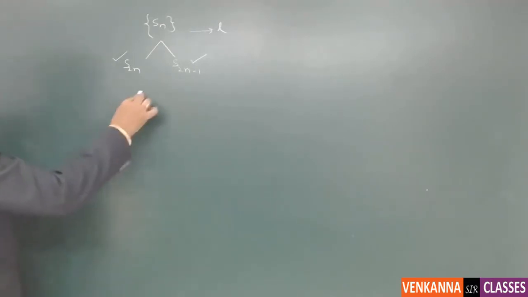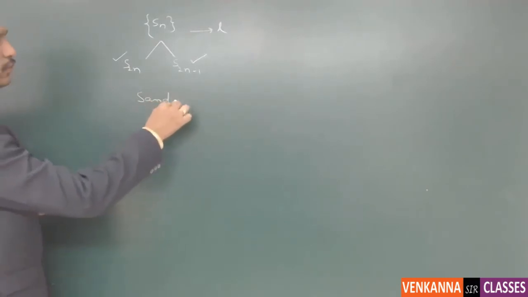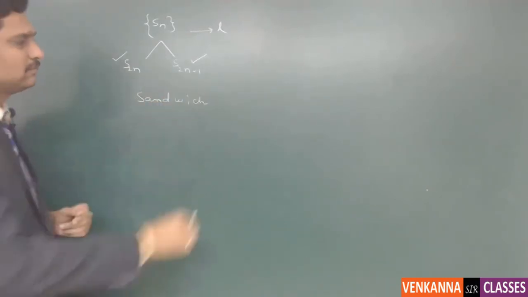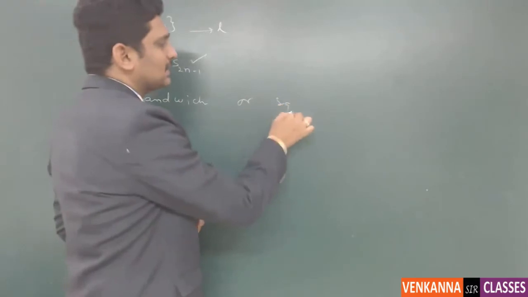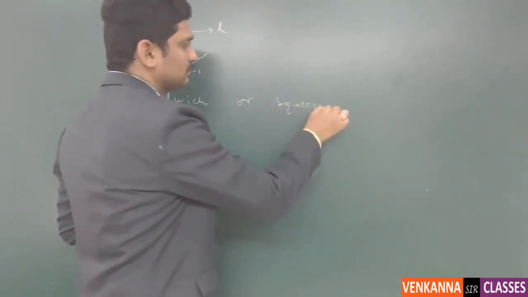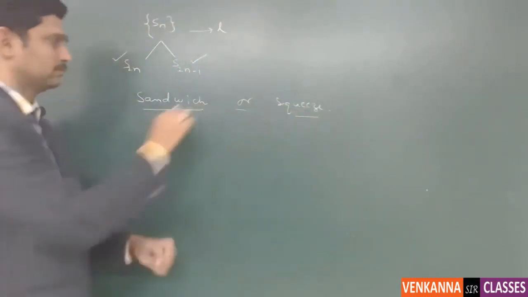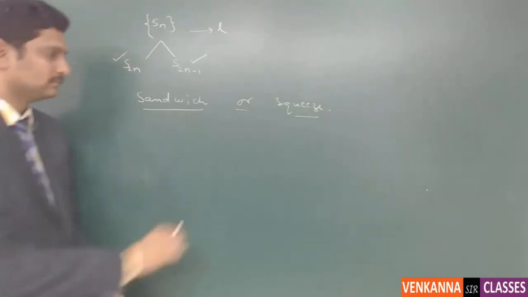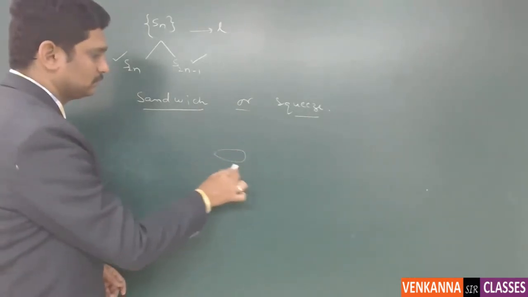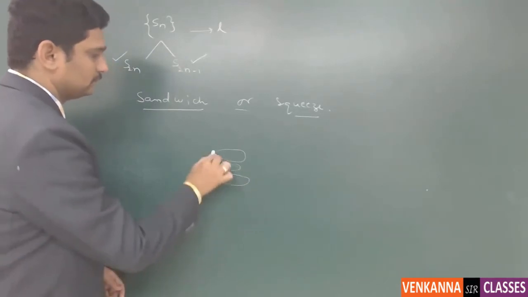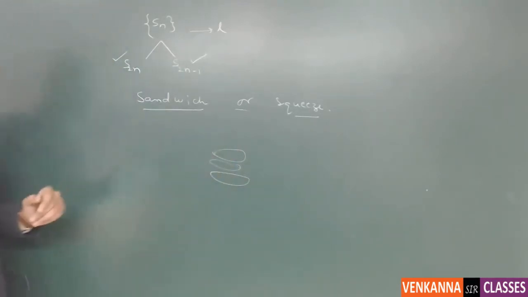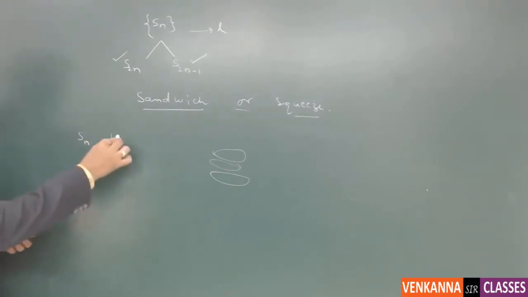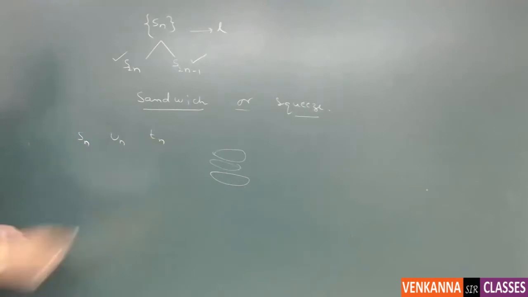Another important one is, we have the sandwich theorem, or we call it the squeeze theorem. So it is just like, if you imagine the sandwich, so let us take three sequences Sn, Un and Tn.